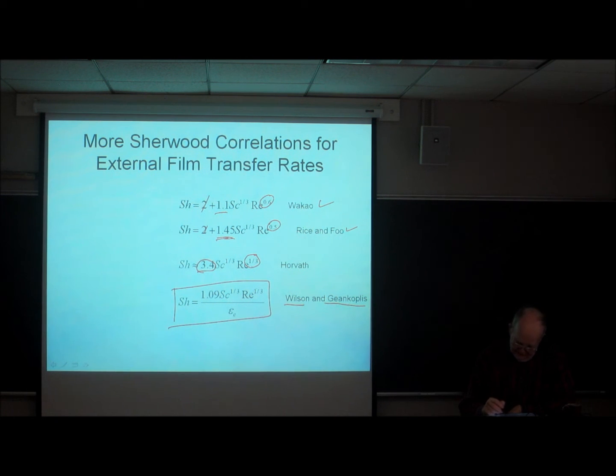You can see it's similar to the Horváth in terms of exponents. This has an epsilon E factor in it, and if we take 1.09 and divide it by epsilon E for a typical random packed bed, these two coefficients are not very different. Which one is right? I really don't know.